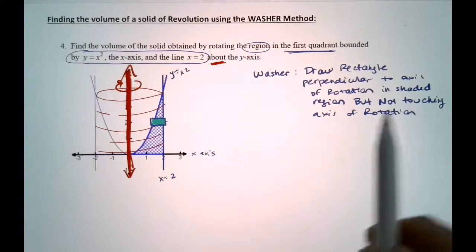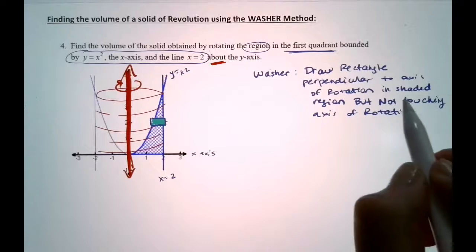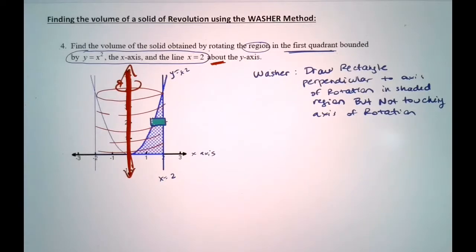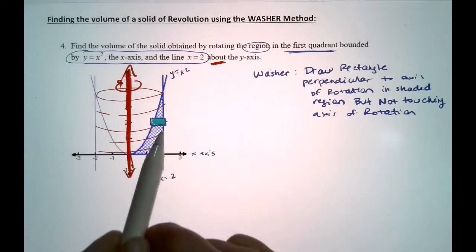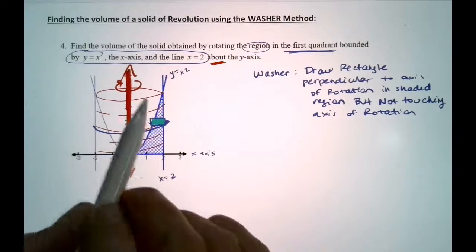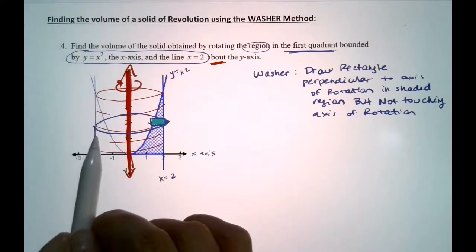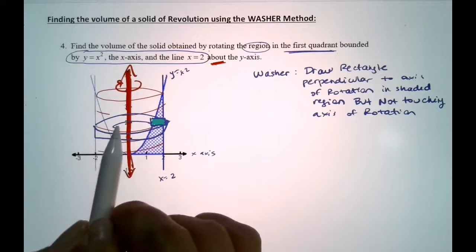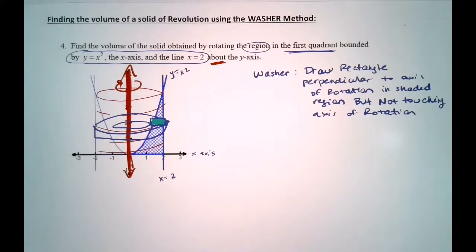When it's not touching the axis of rotation, that is a washer method, because if you imagine that rectangle, and you can see it horizontally presented here, and you spin that around the y-axis, what you create is a washer, kind of like a donut. It's got this hollowed out section there.